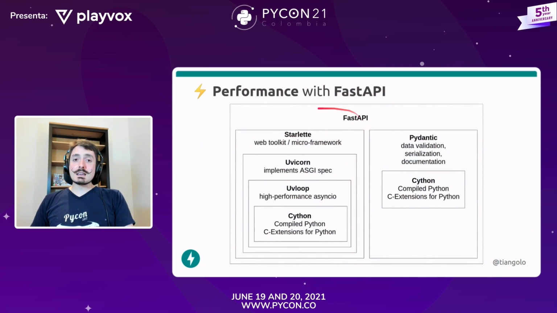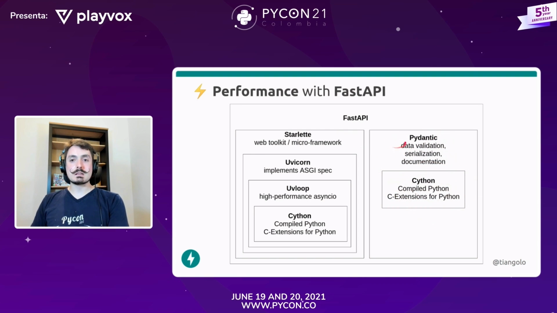Now, why does this have this nice performance? It's because it's built on very nice tools. FastAPI is built on top of Pydantic for all the data validation, serialization, documentation, and Pydantic is compiled with Cython, which is a sort of compiled version of Python using C extensions for Python. The end result is that Pydantic is super fast.